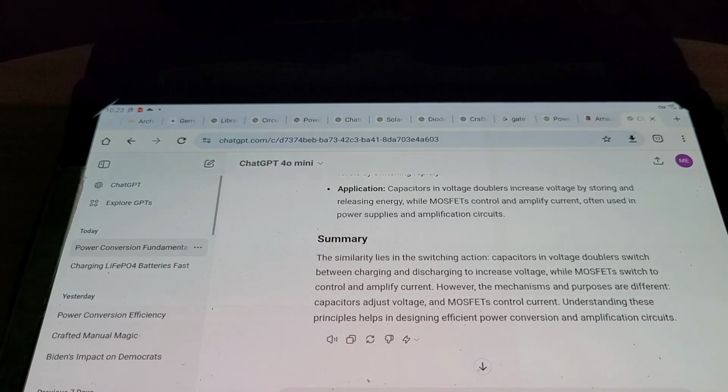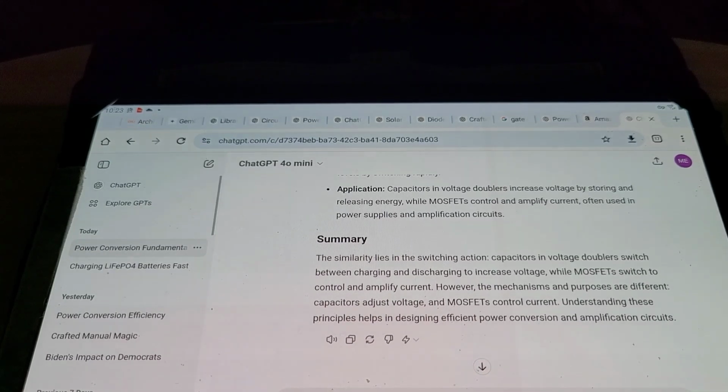Do you start to see that if you can do what a Marx generator does, or says to do, that means you're using resistors and capacitors to get to a higher level of voltage, and you stop the flow from going backwards, you can only go forwards. All of a sudden you could take something very low voltage and make it very high voltage.